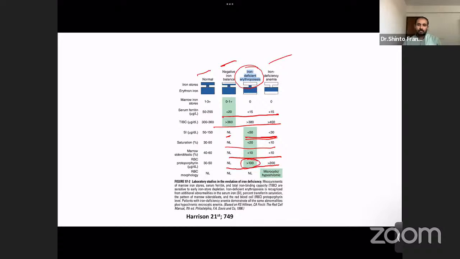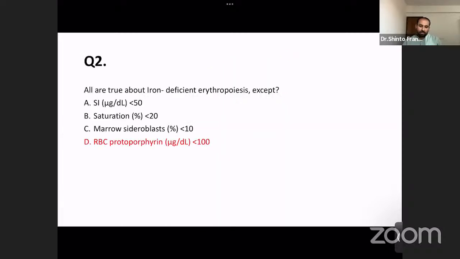Iron binds to protoporphyrin to form heme, right? So it is more than 100 in iron deficiency erythropoiesis, and more than 200 in iron deficiency anemia. In the smear, iron deficiency anemia shows morphological changes of microcytic hypochromic RBCs. So here it is not less than 100, it is more than 100. So it is a wrong statement.